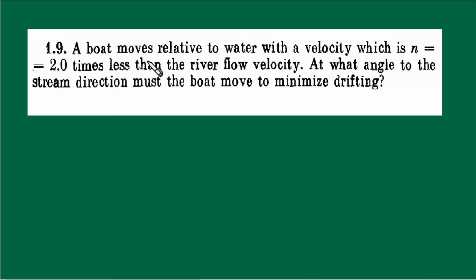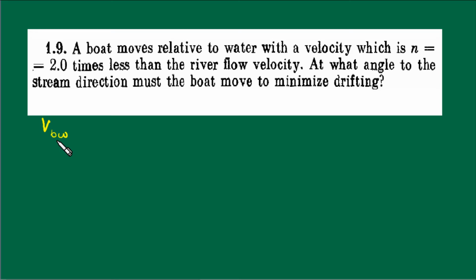A boat moves relative to water with a velocity which is two times less than the velocity of the river. Okay, so let's say the velocity of the boat with respect to water or river is denoted by VBW. This is the velocity of the boat with respect to water. That means with respect to water, this boat can swim.